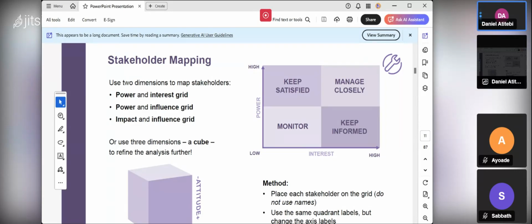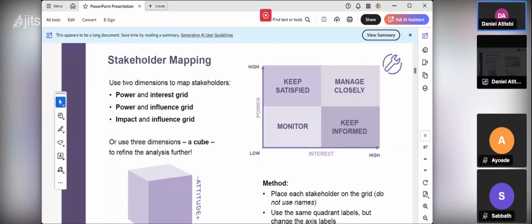Because at a stage in your project, a particular stakeholder may not have interest in that area, but at another stage of your project, they may transit from being a low power or low interest stakeholder. So you have to know when that person transits to maybe high power, high interest, or high power, low interest.